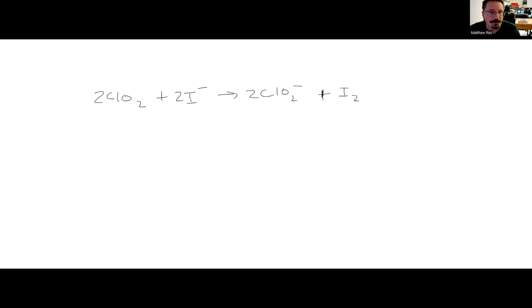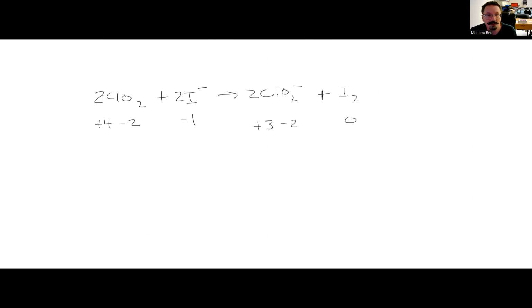Oxygen's here -2, chlorine is +4, we need to identify what is being oxidized and what is being reduced so we can figure out what side is our anode and what side is our cathode. A monoatomic ion, whatever its charge is its oxidation state. Now, instead of the two oxygens, -4, having to add up to 0 like they did over here, they'd add up to -1. Oxidation state on our chlorine then would be +3. And here's an element, in its naturally occurring state, so it should be 0.